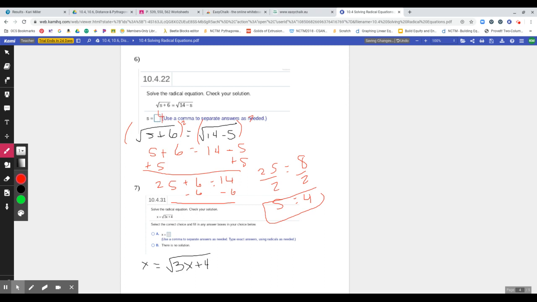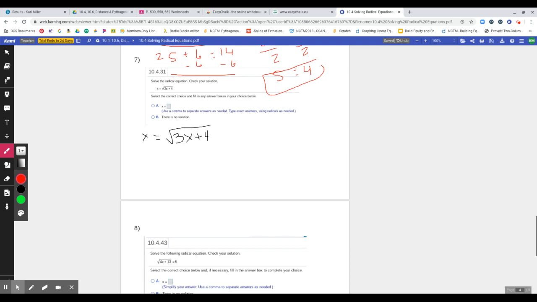All right, now number 7 is a problem where we're going to have to do some factoring. We do have the square root by itself. And we've done these problems back when we did 9.4 or did something similar to this. So x squared equals 3x plus 4. So since I have the x squared, I need to get this equal to 0.